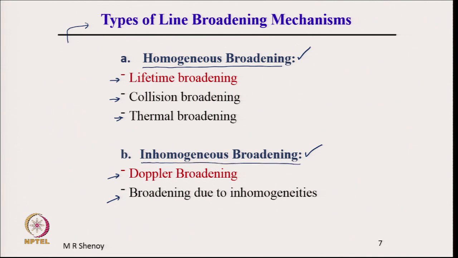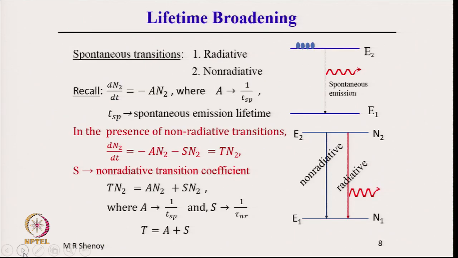We will discuss the ones shown here in red in detail: how lifetime broadening leads to the line shape function G nu, and similarly, in the next class, I will discuss in detail Doppler broadening and what kind of G nu function it will give. So, let us take up the first one, that is lifetime broadening.